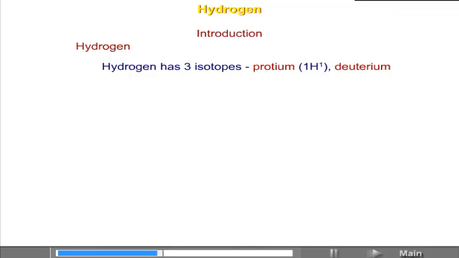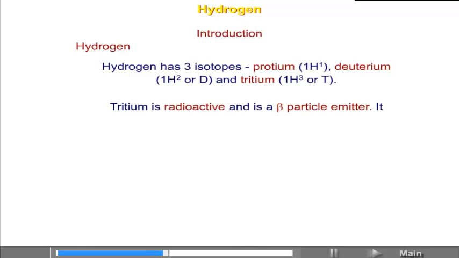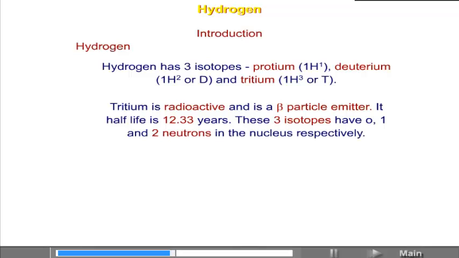Hydrogen has three isotopes: protium 1H1, deuterium 1H2 or D, and tritium 1H3 or T. Tritium is radioactive and is a beta particle emitter. Its half-life is 12.33 years. These three isotopes have 0, 1 and 2 neutrons in the nucleus respectively.